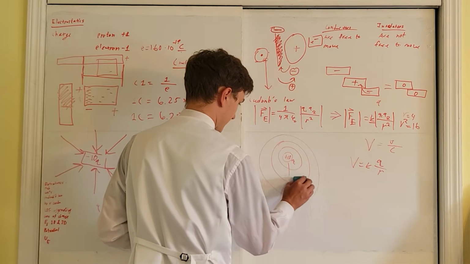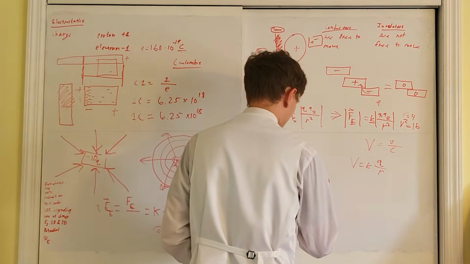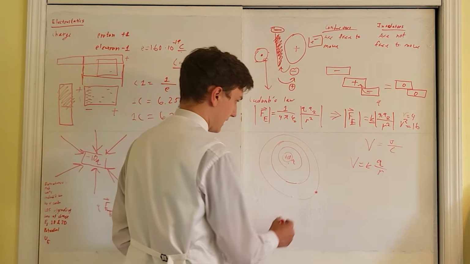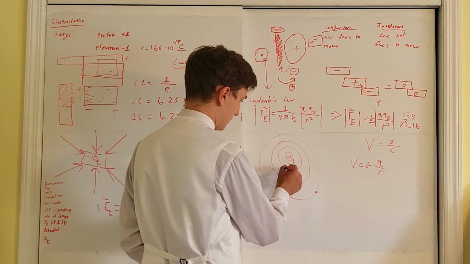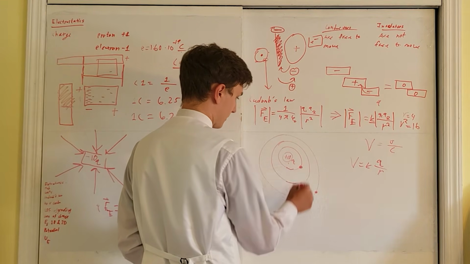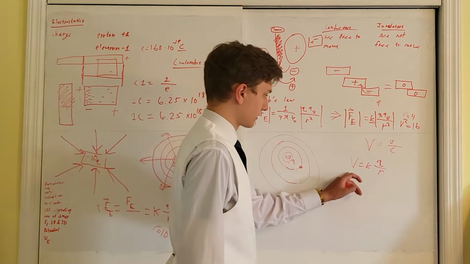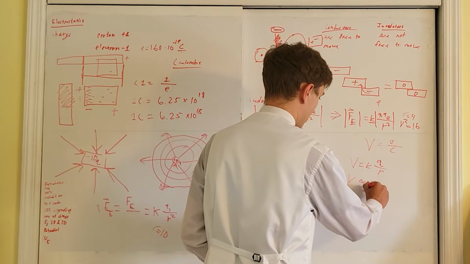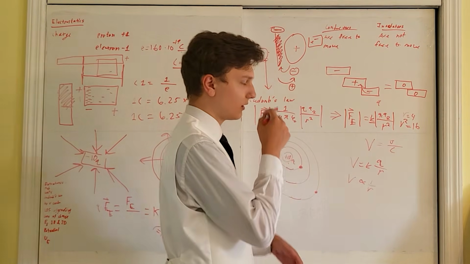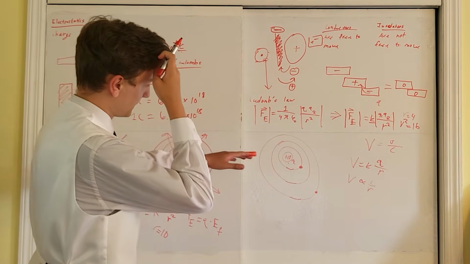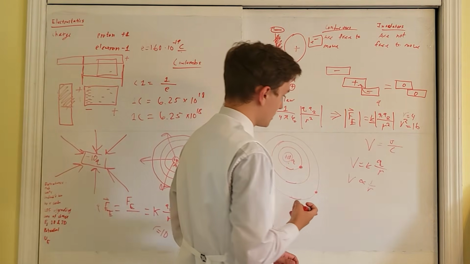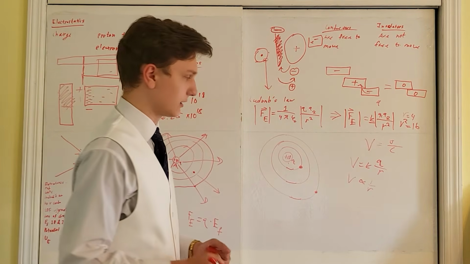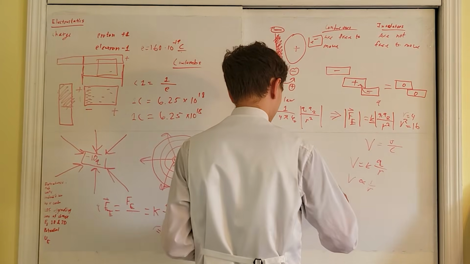If I were to put a positively charged item right there, it would have a lower electric potential than if I had a positively charged particle right here, because electric potential is directly proportional to 1 over r, inversely proportional to r. So as I get further away from the charge, my electric potential decreases, and therefore my electric potential energy decreases. So let's introduce that equation.